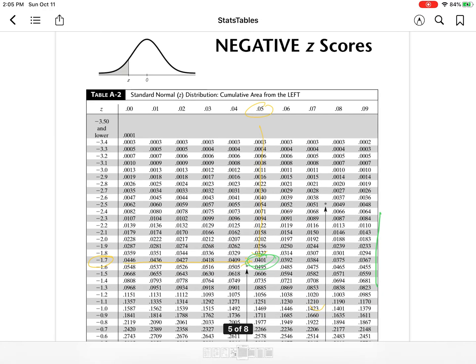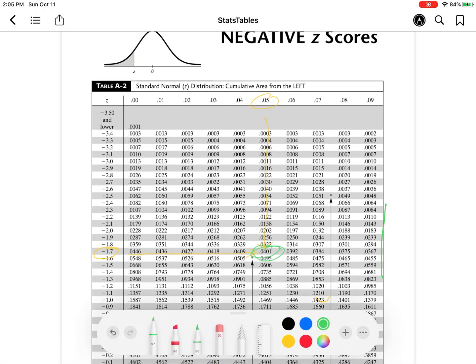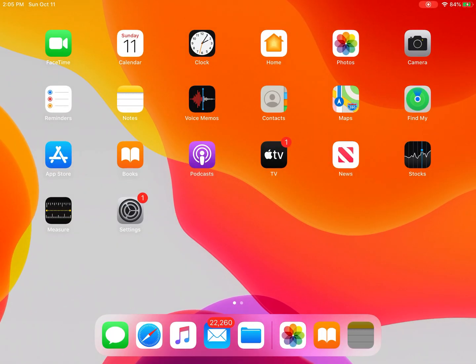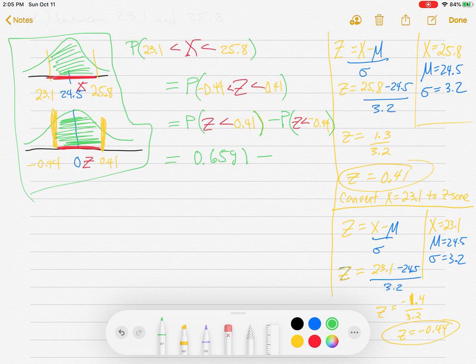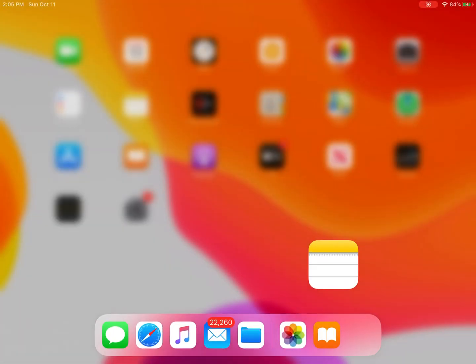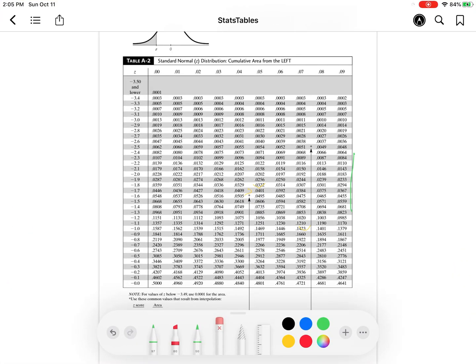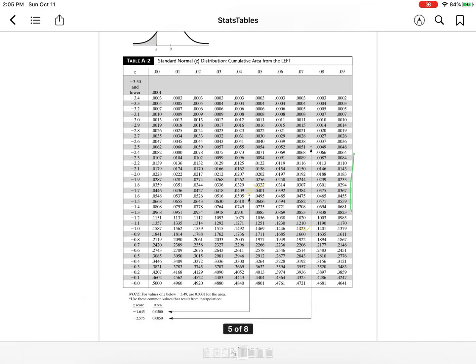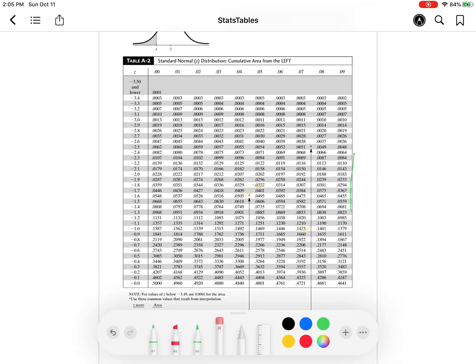0.6591 minus... okay, now we're going to look up negative 0.44 in our negative table. Where's the negative table? Was it negative 0.44?